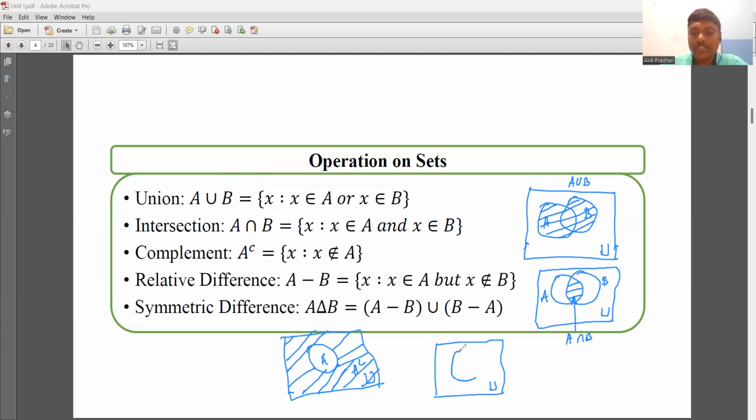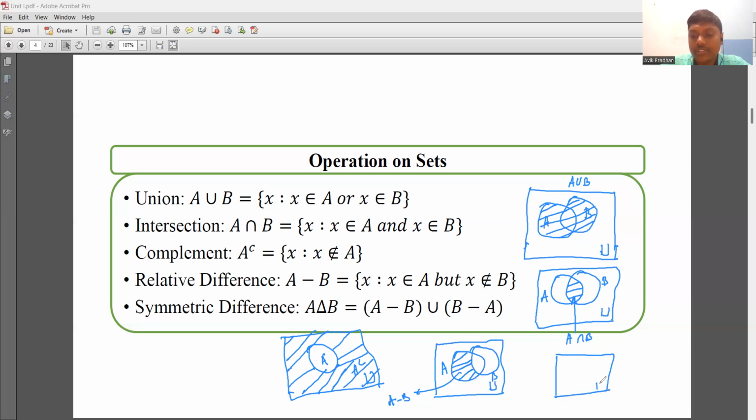If I consider set A and set B here, then A minus B means the elements of A but not of B. This shaded portion is my A minus B. Similarly, B minus A is going to be the elements of B which do not belong to A. So let me draw that here.